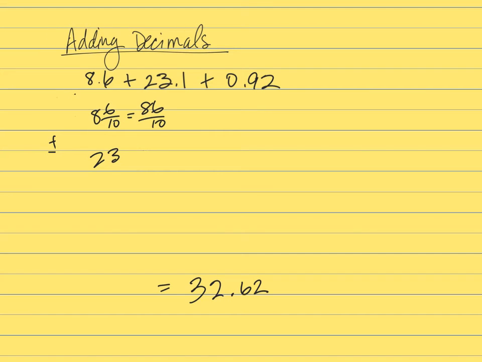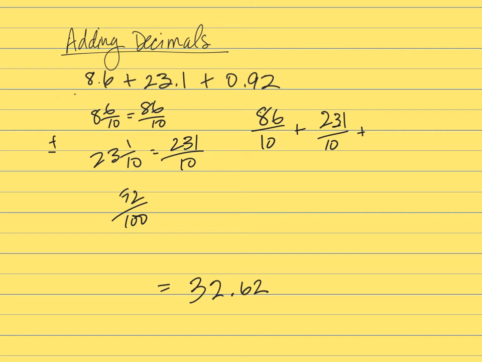I'm going to make that a mixed number. That's going to be 23 times 10 is 230 plus 1, 231 tenths, and 0.92 is 92 1/100. So now if I add those together, I have 86/10 plus 231 tenths plus 92 1/100.